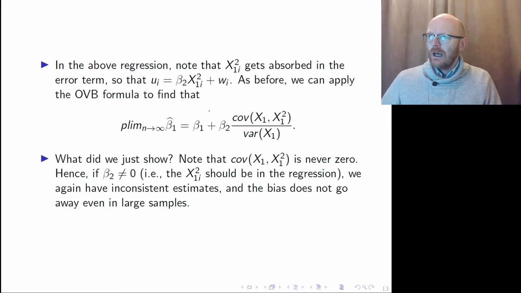In that regression, the x squared is contained in the error term. So the error term is now x squared times the slope on x squared plus the unbiased residual, right?